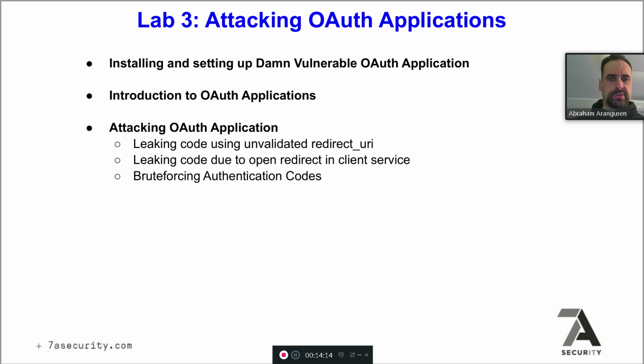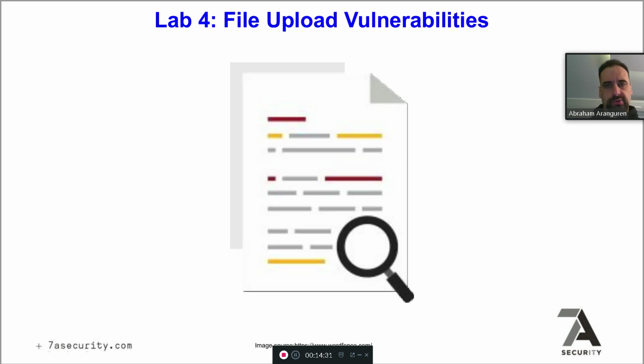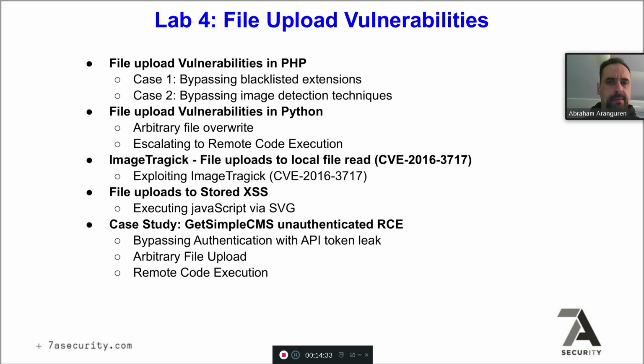And then in Lab 3, OAuth applications. We talk about some vulnerabilities related to OAuth. This is a very important topic because a lot of applications now tell you to log in with Google or log in with Facebook, and if the implementation of OAuth is not correct, there can be a lot of issues. So we walk you through all those. Then Lab 4, file upload vulnerability.